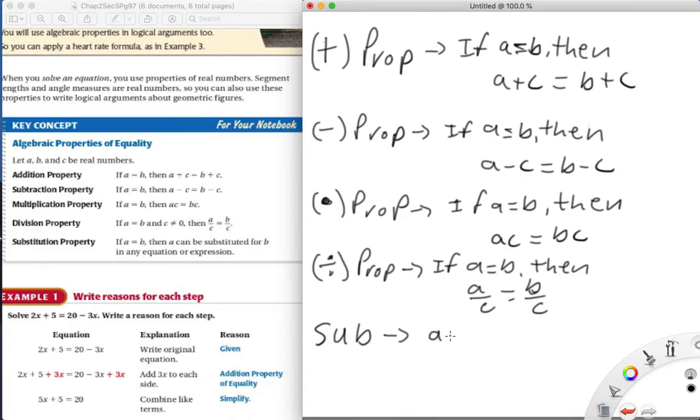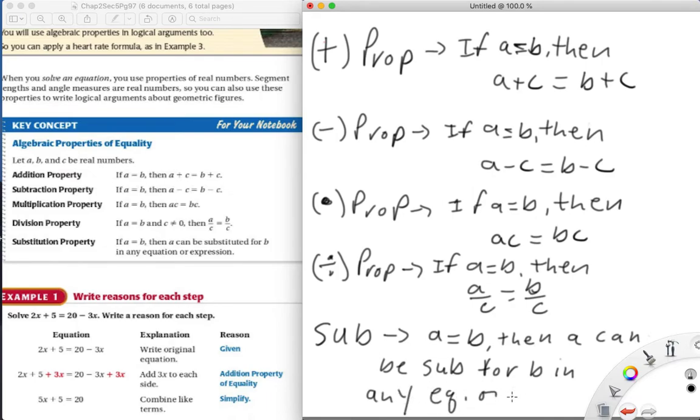If A equals B, then A can be substituted for B in any equation or expression.